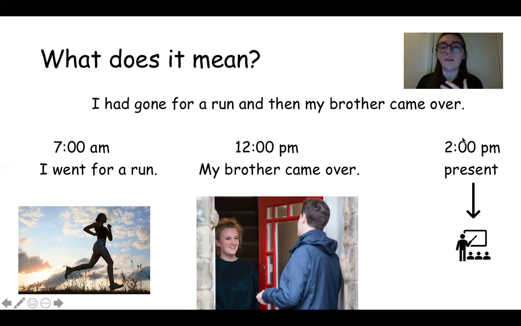So you'll notice that when I say something like right now, I'm talking about two events, two things that happened in the past, right? But I'm talking about them right now, in the present. So I had gone for a run and then my brother came over.